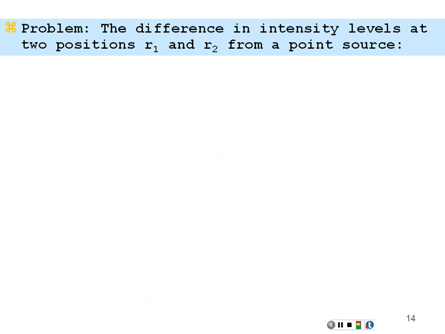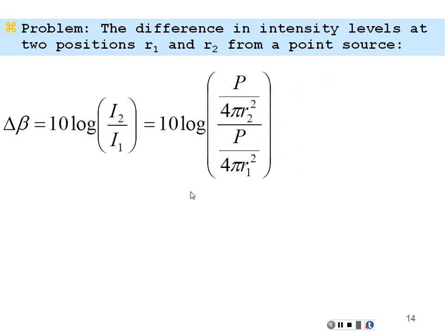This might come into play if you had one point source of sound and you were going to be at two different locations, R1 and say R2. What is the difference in intensity level between those two locations? Well, we just showed that the change in intensity level is 10 log I2 over I1. If we were at two locations from the same power source of sound, at location R2, our intensity would be the power divided by 4 pi R2 squared, from lecture number 1 in this chapter. And then at location radius R1, it would be the same power source over 4 pi R1 squared.